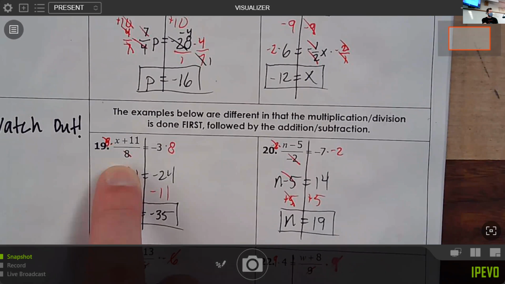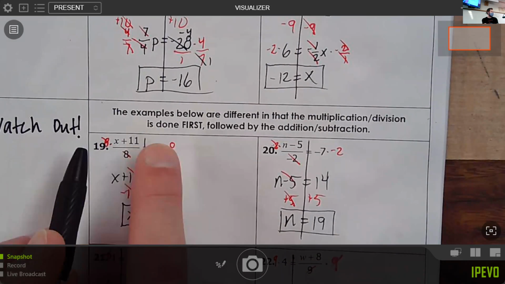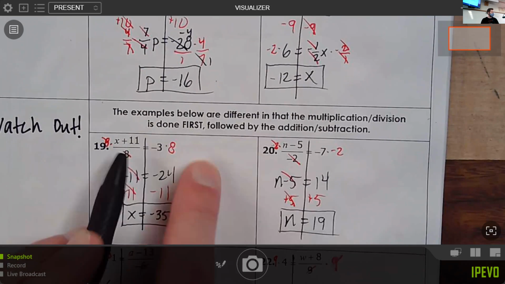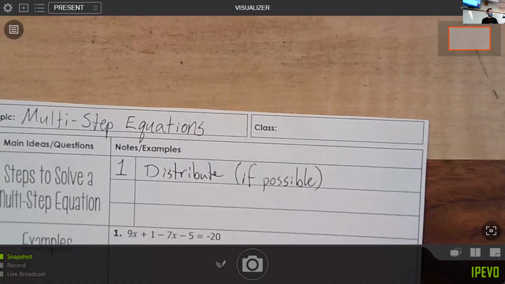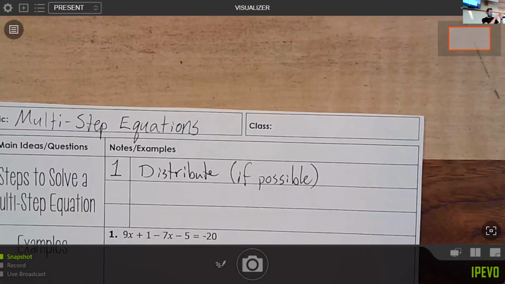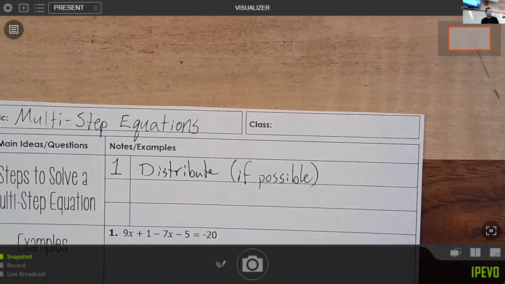You can imagine these on the numerator here in parentheses, and then getting rid of the denominator gets rid of those parentheses. So it's similar to distributing in that we want to basically unlock everything that's in a group or in parentheses or on a numerator by itself. So we want to get rid of that. So if you see a place to distribute, that should be the first thing that happens.